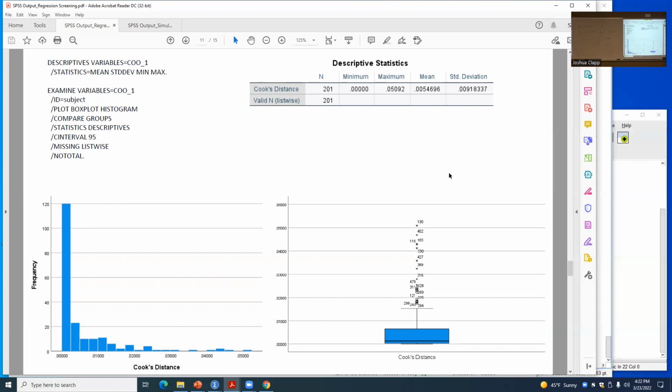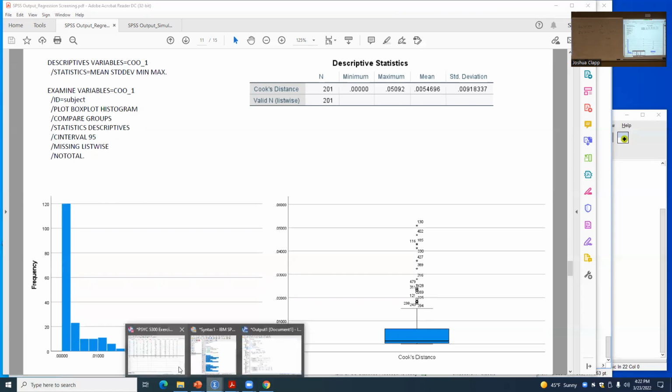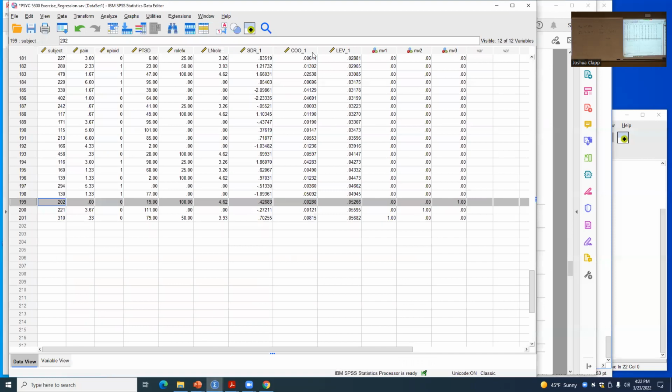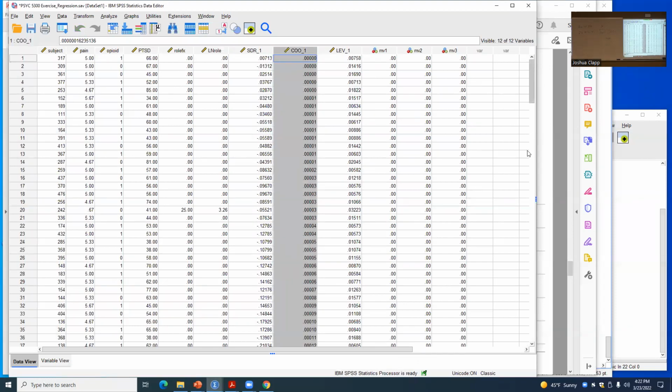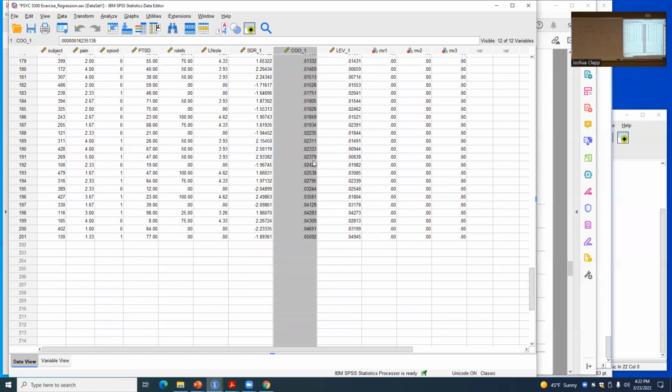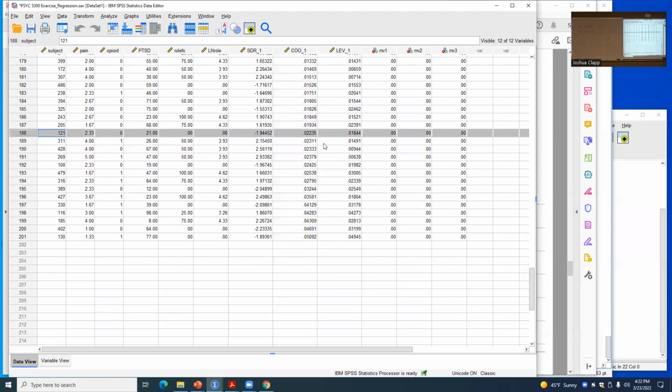If I pull up my data, look at my Cook's D, sort there, and look at things that are above 0.02, boy, I've got a lot of them, huh?